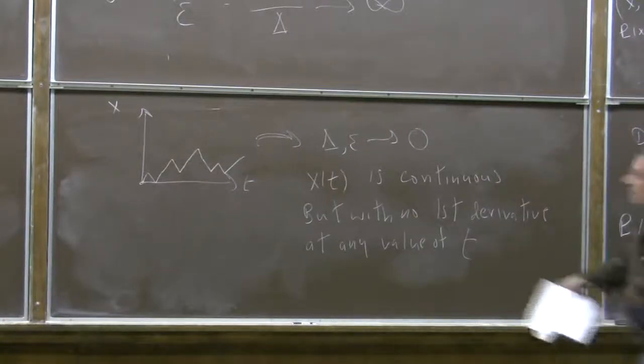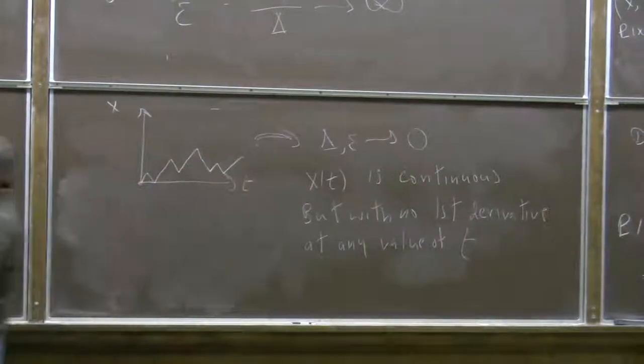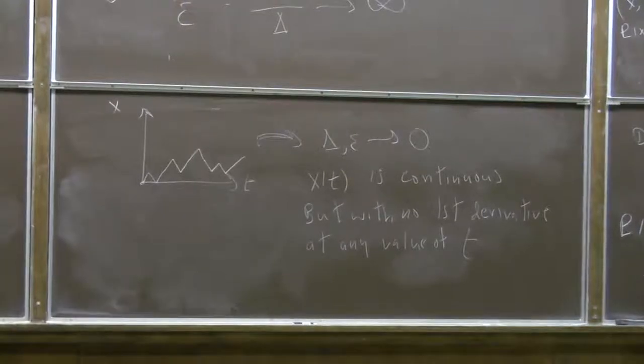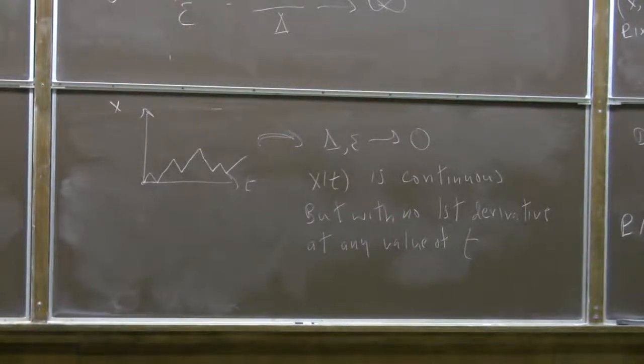So another way of saying that is if you think of this x as a function of t as being governed by some trajectory, some function of time, the square root of x squared is increasing like the square root of t.